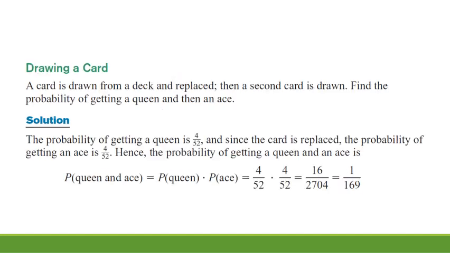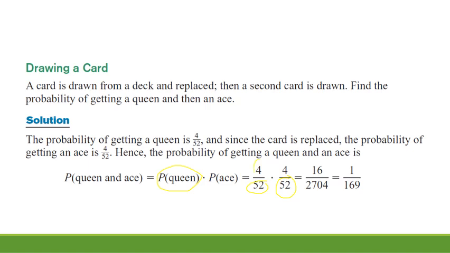Here is another example of multiplication rule number 1. A card is drawn from a deck and replaced. The second card is drawn. Find the probability of getting a queen and then an ace. We all know that the probability of getting a queen is 4 over 52. Since the card is replaced, it is still an independent event, so the total number of outcomes is still 52.